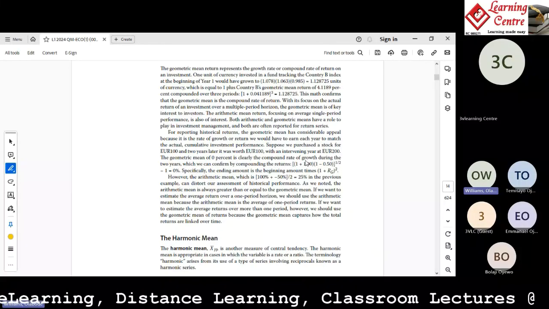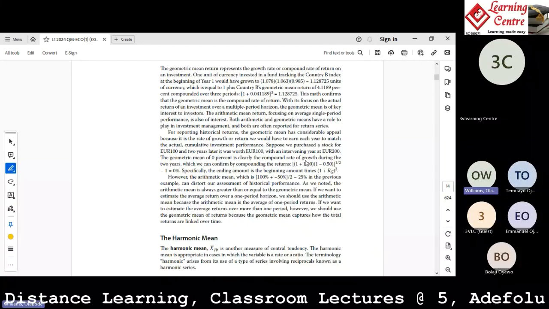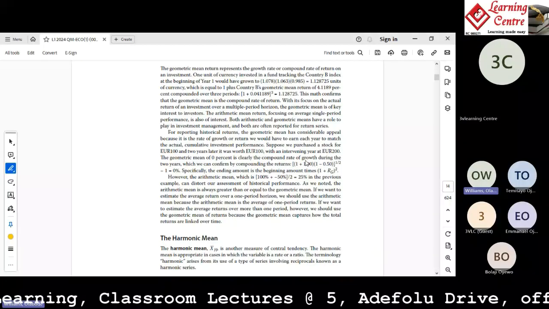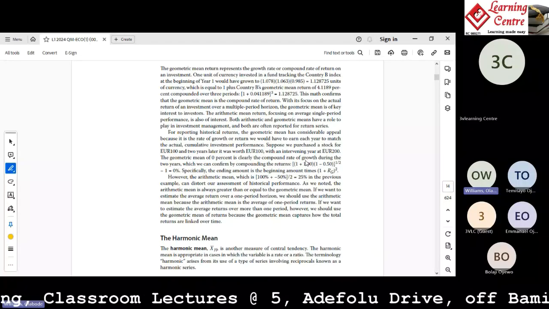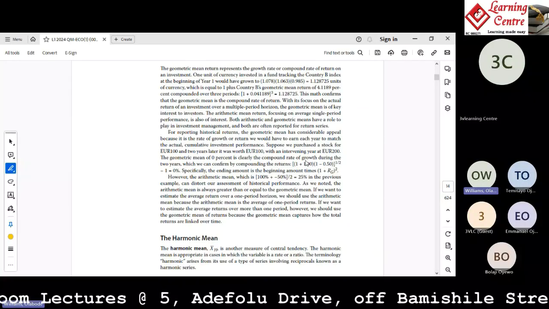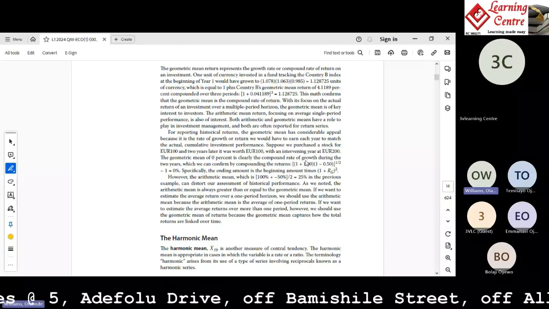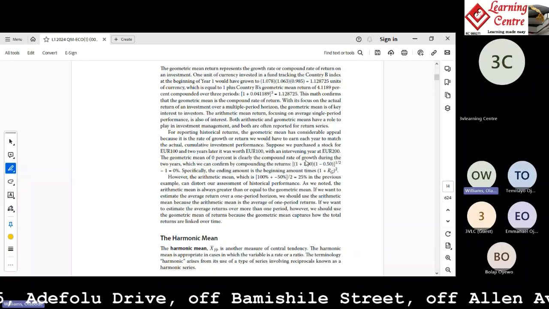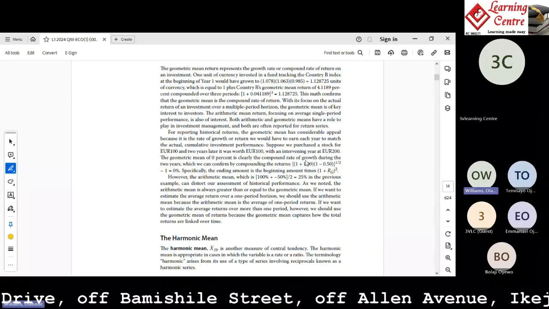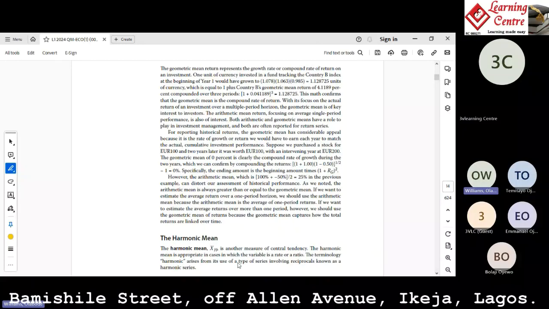The questions for this session might come in the form of simple questions that you can easily plug into the formula and get your answer. They won't put any kind of twist to it. When we get to questions where they can add a twist, I'll show you. But for this session, the questions are typically straightforward. All you need to remember is the formula, and you apply it and get your answer.